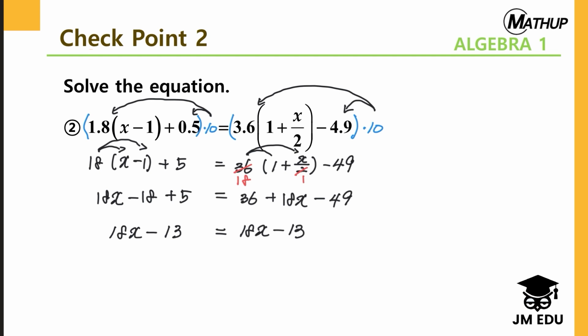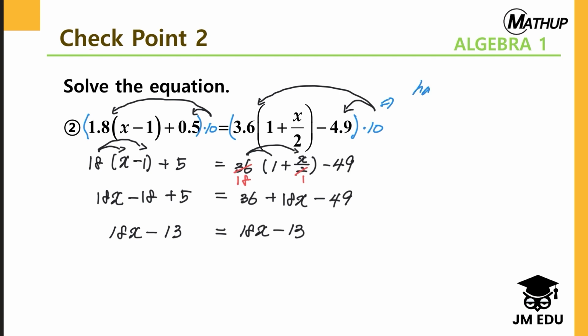At this point, you might notice that the left hand side and right hand side have the same expression. This means the equation is always true for all x. Any value of x we substitute here, this value is going to be equal to this value, right? So we can conclude that this equation has infinitely many solutions.